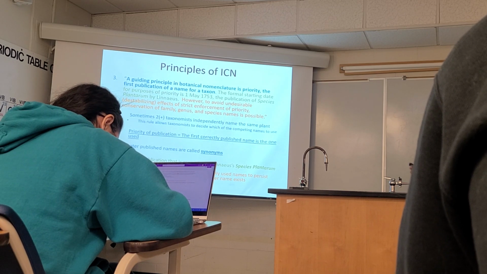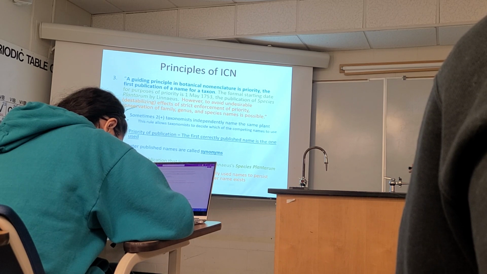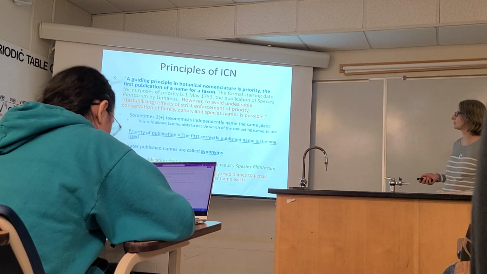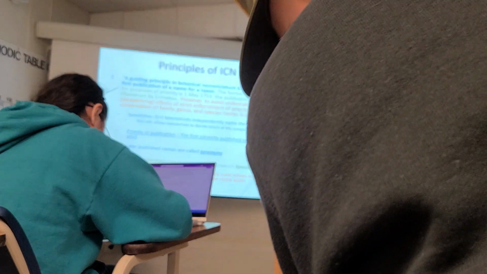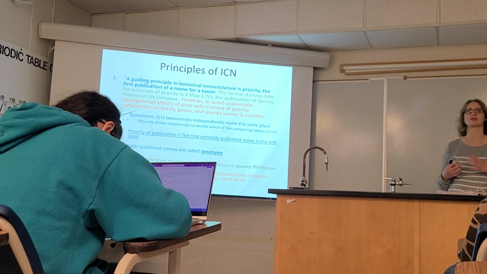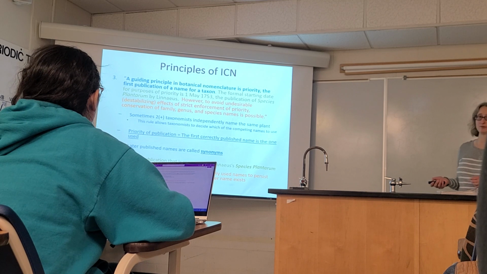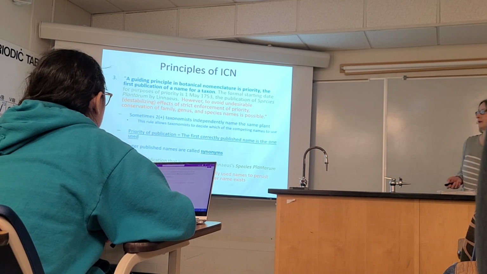So we're trying to minimize destabilizing effects and avoid complicating and confusing things by using a name that nobody knows or is familiar with. So this allows us to keep some of those newer names only in that situation where it's going to cause confusion. We refer to those as conserved names because they're technically not the right one.